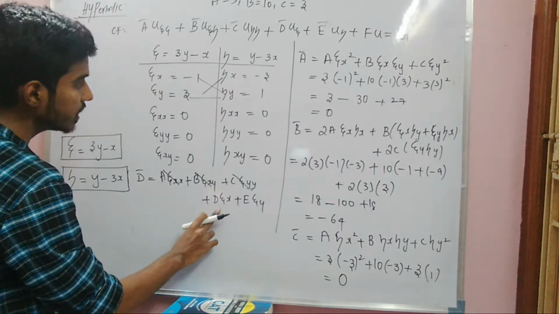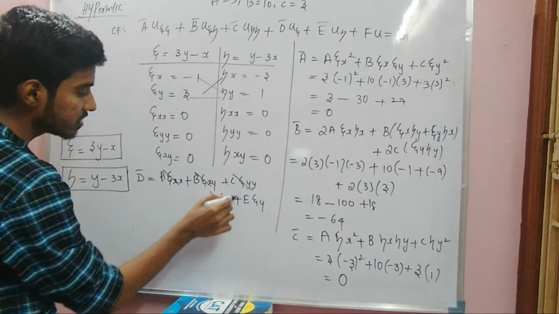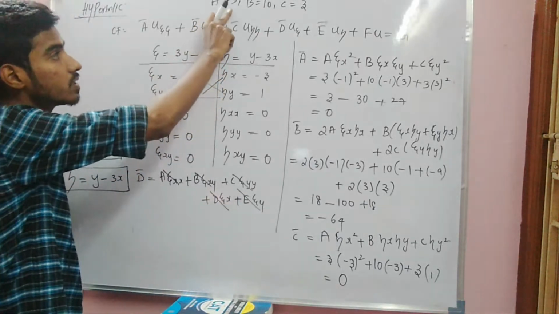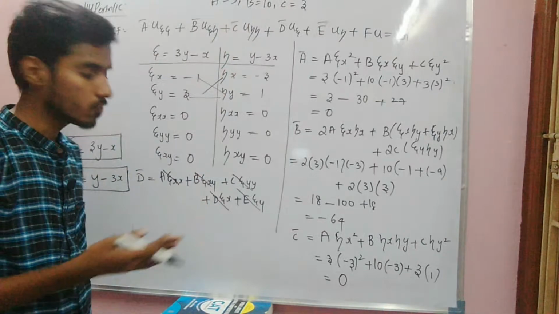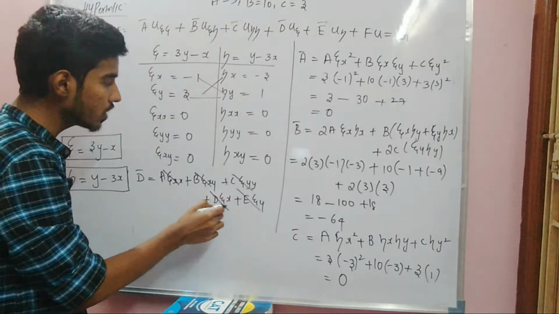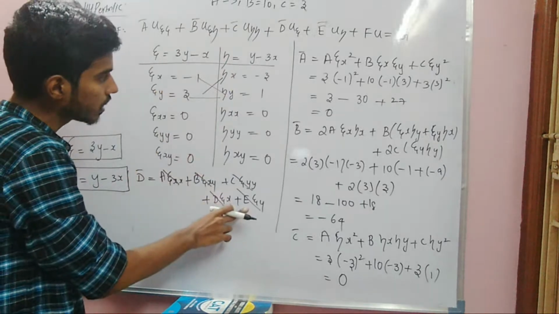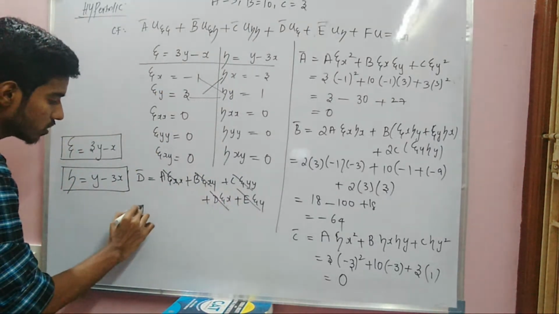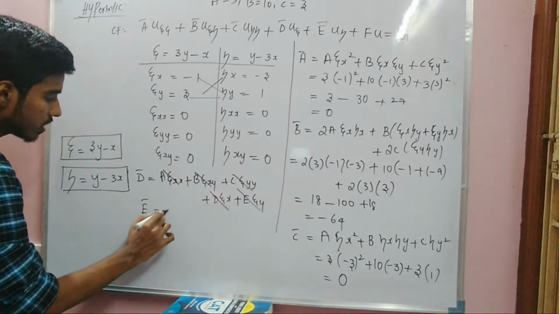So what is our d? Yes, d is 0, e is 0, because in the question we have a, b, c only, we don't have d and e. That is, d and e are 0. So therefore 0 into minus 1 and 0 into minus 3. So this whole will fully be 0, and again e bar is also 0, right?